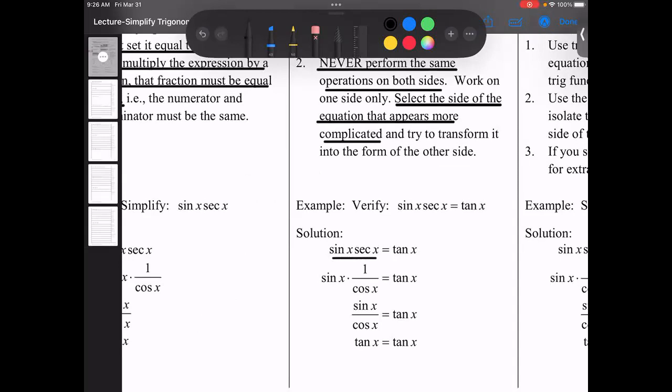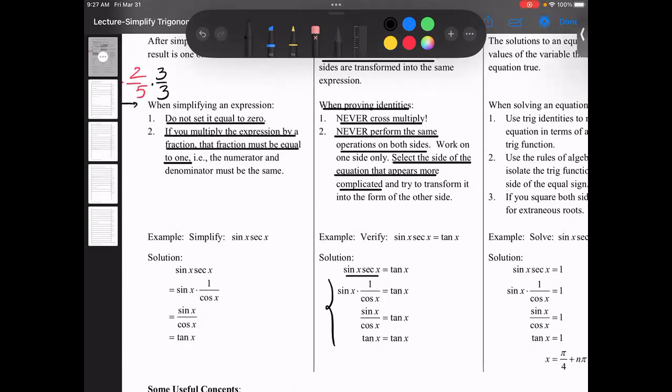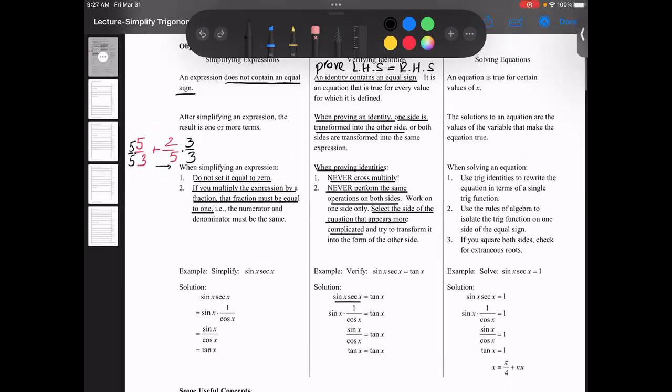And usually when you see secant, cosecant, cotangent, tangent, I would recommend you rewrite it in terms of sine or cosine or both. I'm not gonna go through all the proving here. I'm just proving my point that you pick the complicated side, that's all. We'll have plenty of problems to do this.